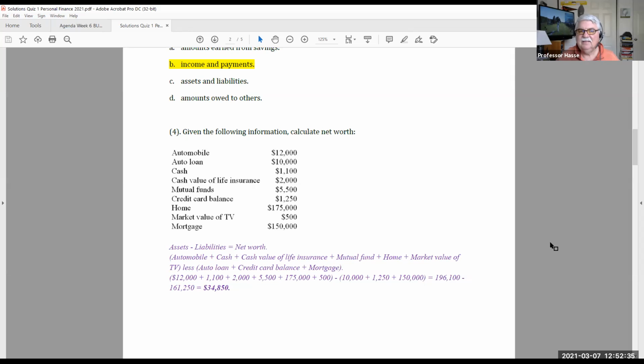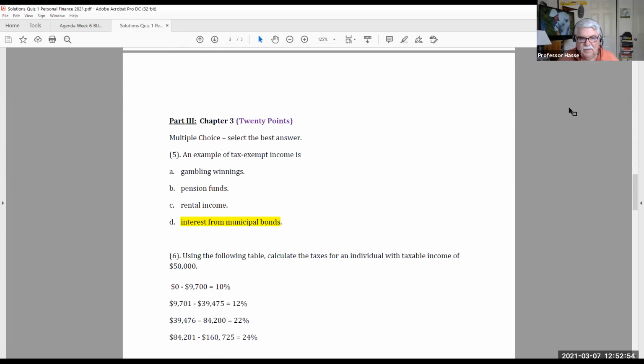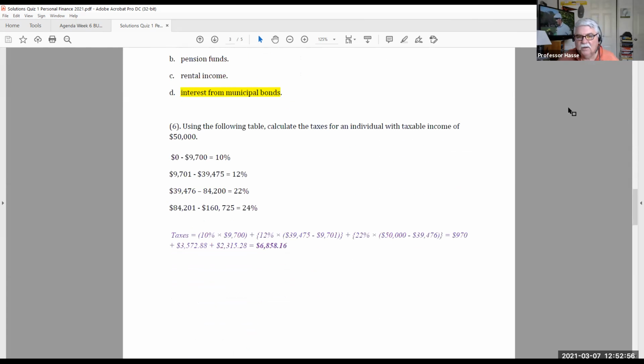In other words, your asset value is higher than your liabilities, the money you owe, of $34,850. For our accounting friends in the audience, that is called equity. That is your equity. In other words, it's your net worth, $34,850.